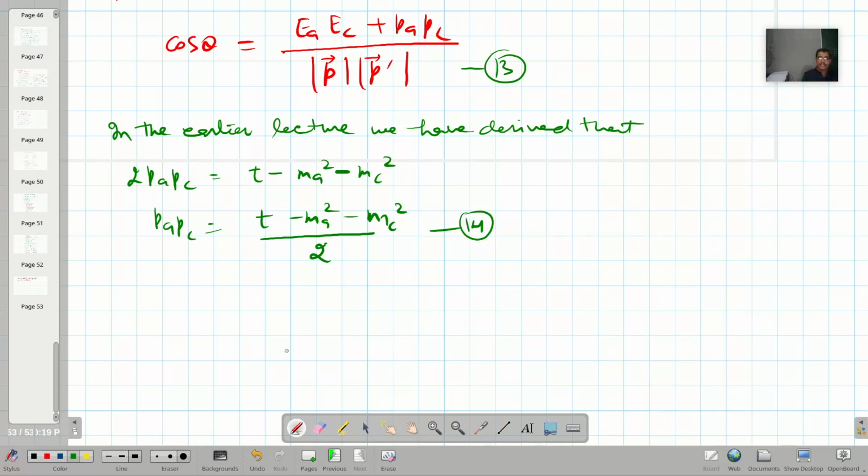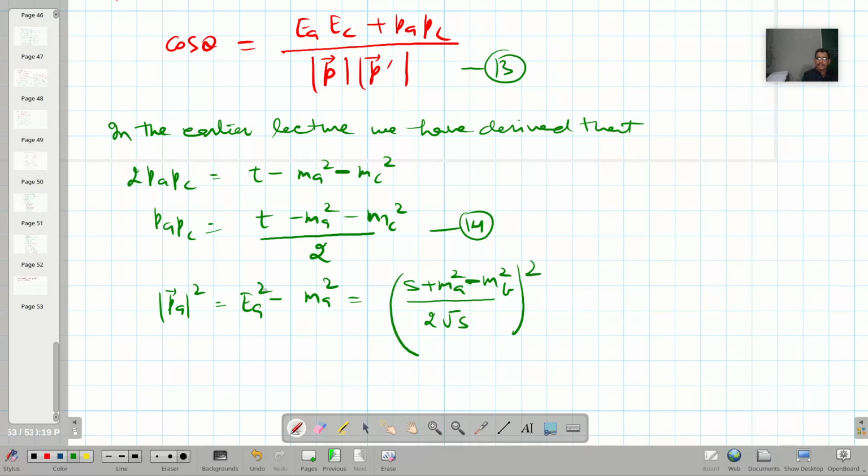Since PA square, again let us come to this one, as we know that PA square is equal to EA square minus MA square, and EA is equal to S plus MA square minus MB square, as we have derived here, divided by 2 root S. So its whole square minus MA square.